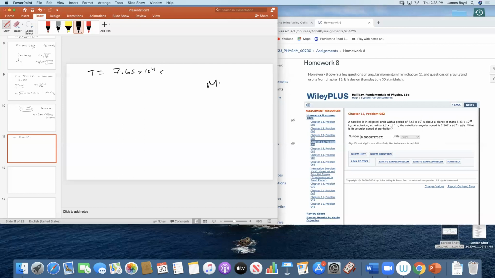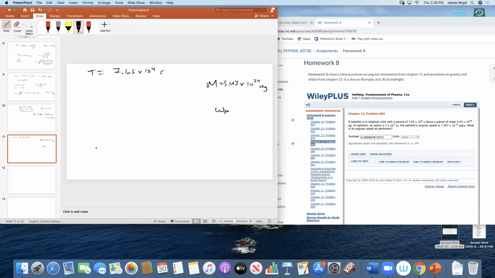It gives us big M, what it's orbiting, what's causing the gravity, 5.43 times 10 to the 24 kilograms. Then it gives us the aphelion radius and the angular speed in rad per second, and it wants to know the angular speed at perihelion, so it wants omega P.